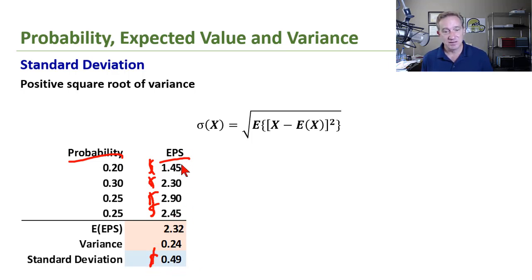So we can now say the standard deviation of this EPS is 49 cents, right? Much more intuitive. And because it's just a square root, it's functionally equivalent, right? In many cases, we can refer to the variance or the standard deviation because they are square and square root functions of each other, functionally equivalent, but much more intuitive to talk about standard deviation because we can immediately think about that as a measure of dispersion.